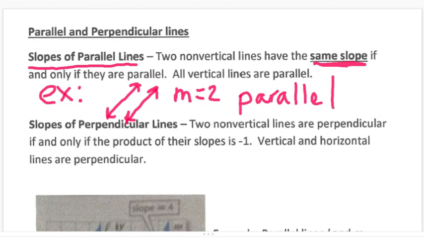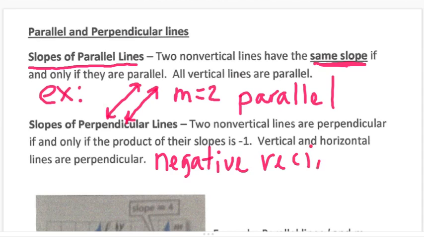All right, so slope of perpendicular lines. Two non-vertical lines are perpendicular if and only if the product of their slopes is -1. So what this actually means is that the slopes of perpendicular lines are the negative reciprocal of each other.